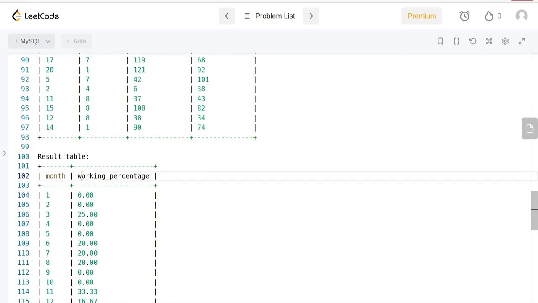But this time, we want to return the working percentage, meaning how many drivers accepted a ride out of the total drivers there were so far until January 2020. For example, a ratio of 25 means only 1% accepted a ride, but there were a total of four drivers in the company.